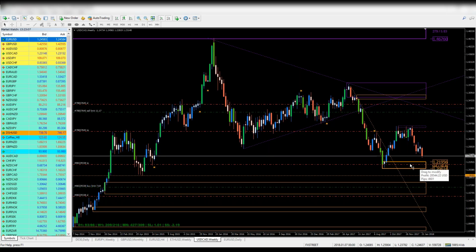What you could do is wait for price to come in here and look for 4-hour, 1-hour trend line breaks before buying, just for confirmation, if you're into that. But the facts are that we are in a monthly downtrend. We're having a breather from the weekly downtrend. We're in a bearish consolidation, and we want to see some clear swings moving low, which we don't have just yet.